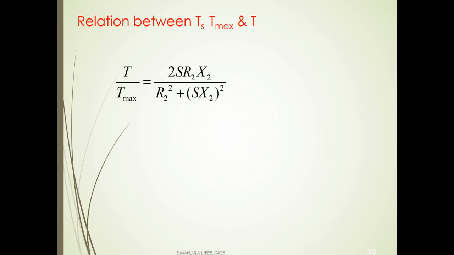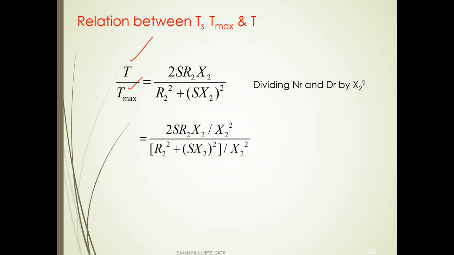So T divided by T maximum: we know the normal torque and the maximum torque. If we divide both equations, we get 2 into S into R2 into X2 divided by R2 square plus SX2 whole square.